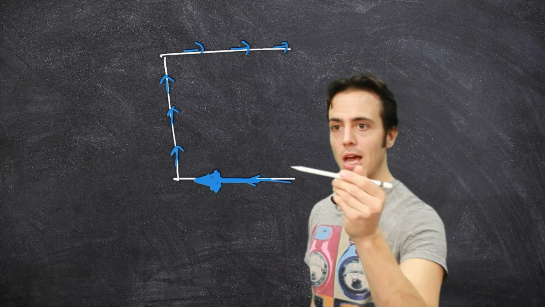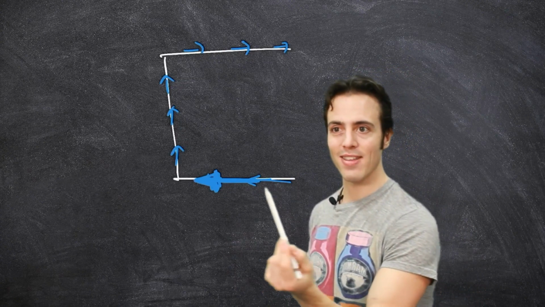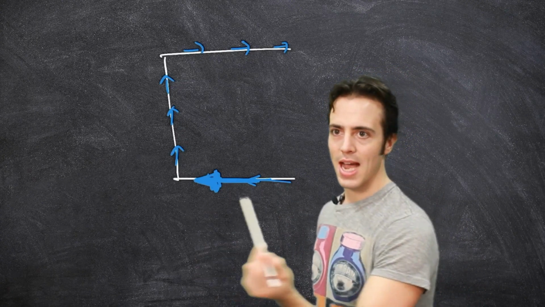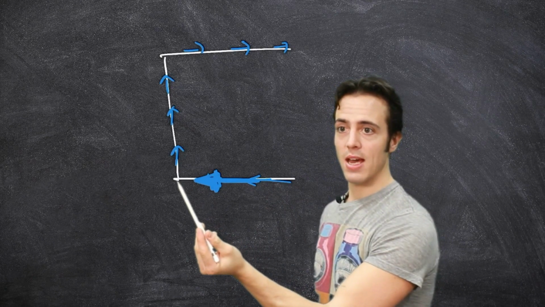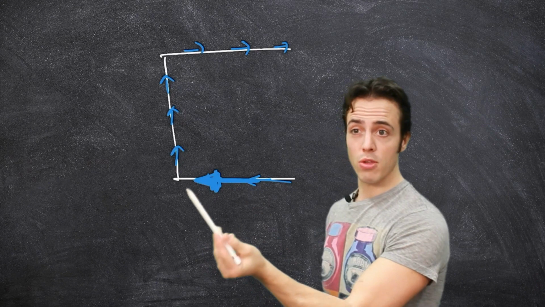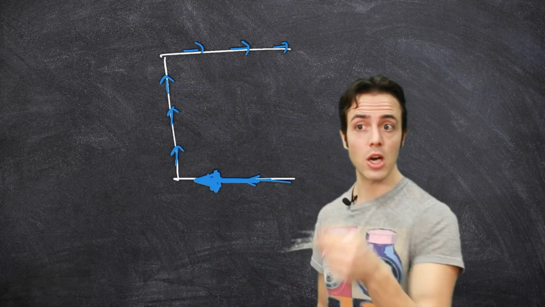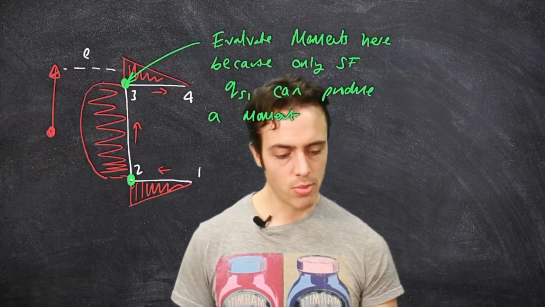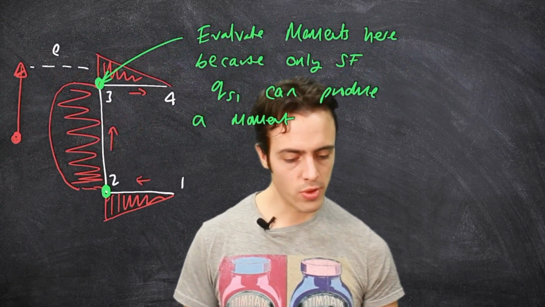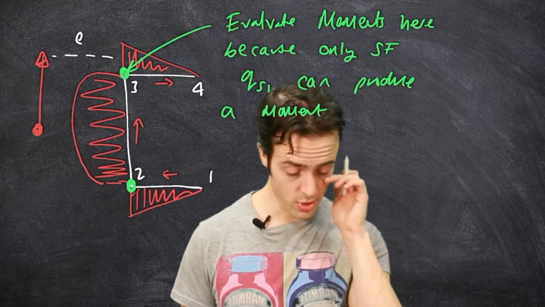Because it's acting along here, we don't actually define where it acts. It's a distributed force acting along this length. But if I was evaluating moments here, the line of action of this force is through that moment collocation point, so it can't produce a moment there. So let's go back over here. We evaluate moments here because only shear flow QS1 can produce a moment.